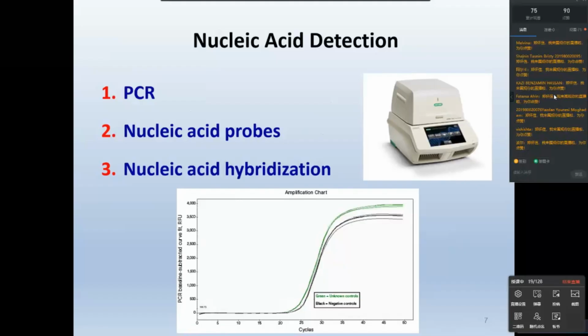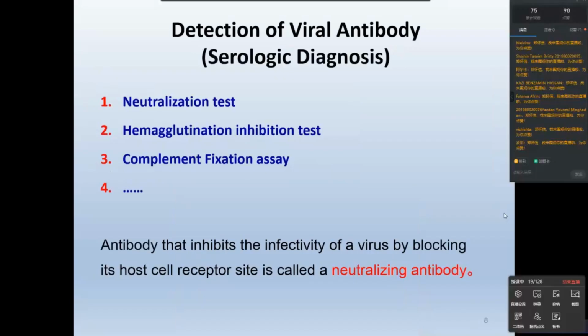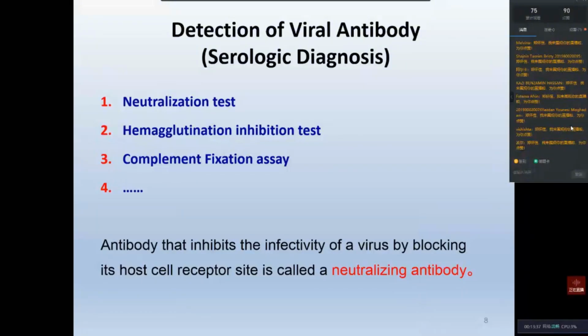So that's a neutralization test. Or you can use the anti-serum to carry out the hemagglutination inhibition test. Or you can do the complement fixation test. So in different ways, you can decide whether there is neutralizing antibody, there is antibody against the virus in the serum. So this is another way to diagnose virus infection.